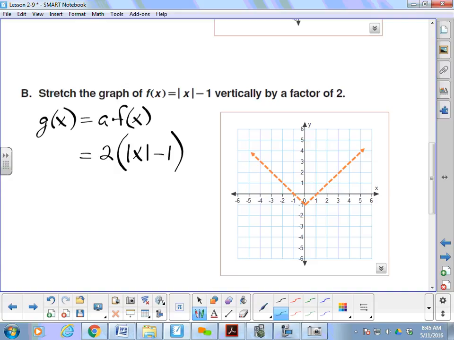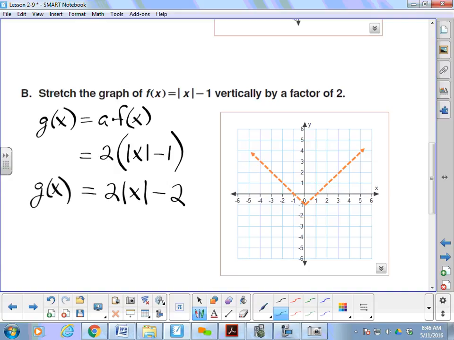So the new rule is going to be 2 times the absolute value of x minus 1. It does not go inside the absolute value. You can't take something that's outside the absolute value and put it in. It has to stay out front, but I also have to distribute it to the 1. So my new rule is going to look like this, and we're going to verify it with our calculator.